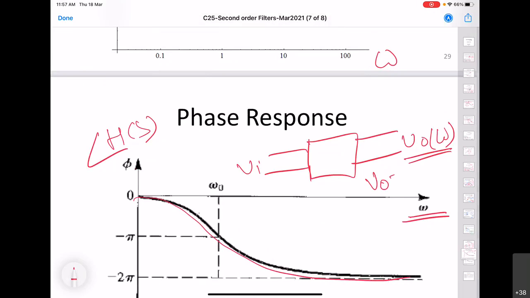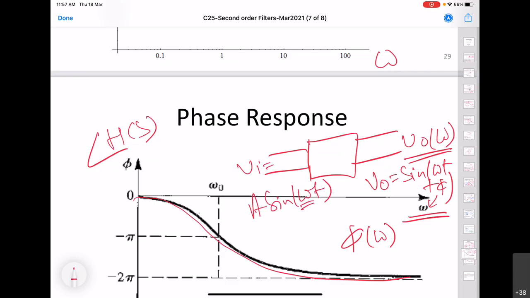For example, the output could be sine omega t plus phi, and phi itself will be frequency dependent. This phi, the output signal phase, will change with the frequency of the input signal. When this frequency changes, the phase changes, and then the shape of the output will no longer remain the same as this one, even if the amplitude remains the same, because the sum of two or multiple sinusoids is decided not only by the amplitude but also by the phase.